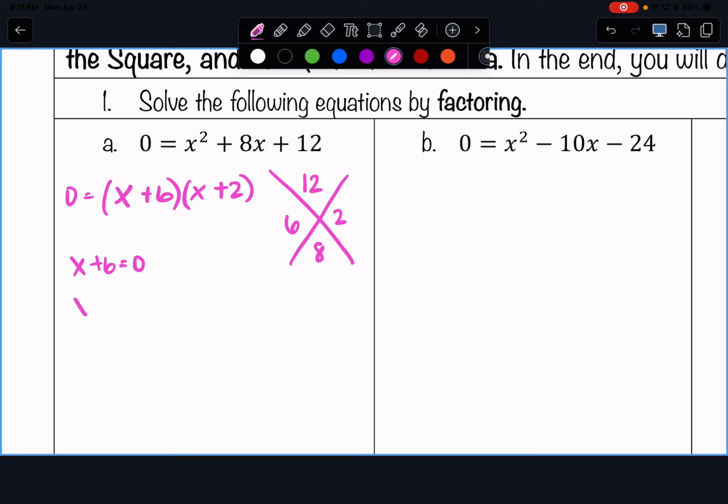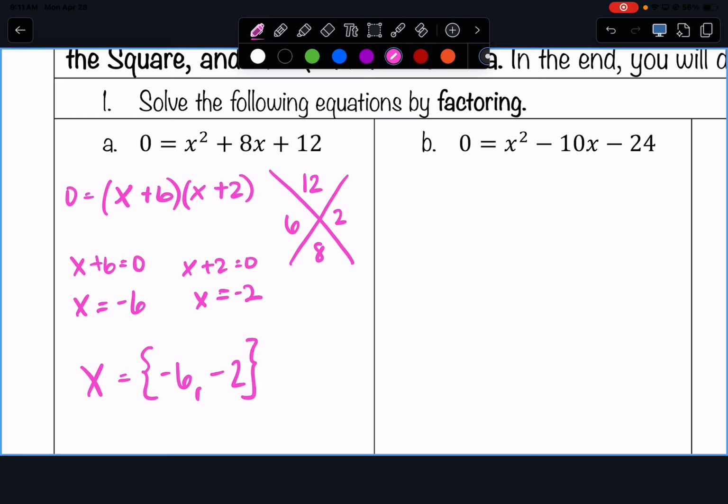Minus 6 on both sides, so x equals? Then we have x plus 2 equals 0. Subtract 2 on both sides, x equals? So we write our answer in squiggly brackets. Which one do I need to put first? Negative 6, comma, negative 2.